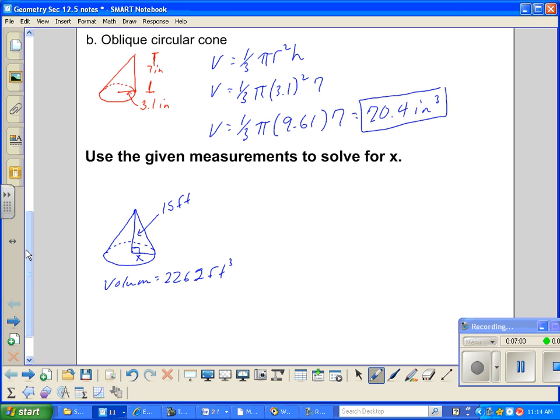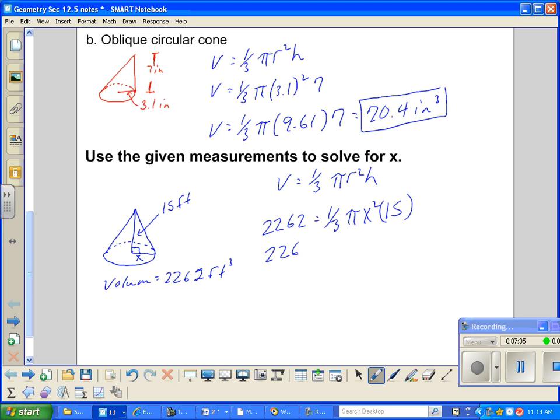So once again, volume equals 1/3 pi r squared h. So the actual value of the volume, 2,262, equals 1/3 of pi times the radius squared, x squared, times h, which is the 15.